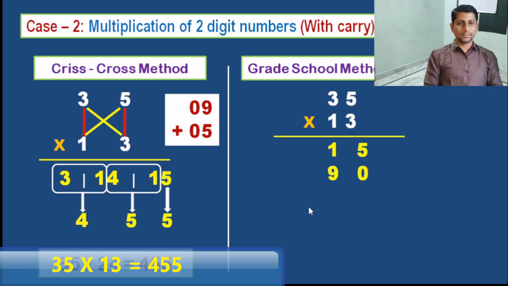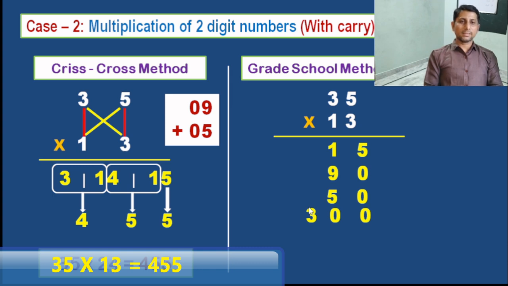30 into 3, 90. And again multiply 1 into 5, that is 5, but you have to write it as 50. Why? Because 1 is at the tens place. That means that is 10. 10 into 5, 50. Again multiply 1 into 3, that means 3, but 3 should be written at the hundreds place. Why?